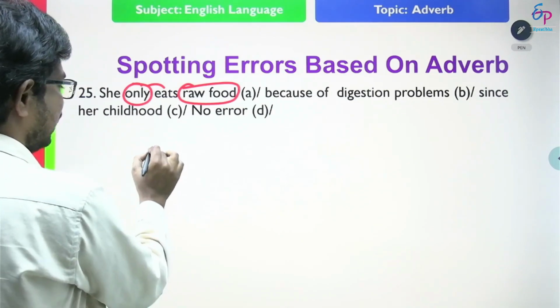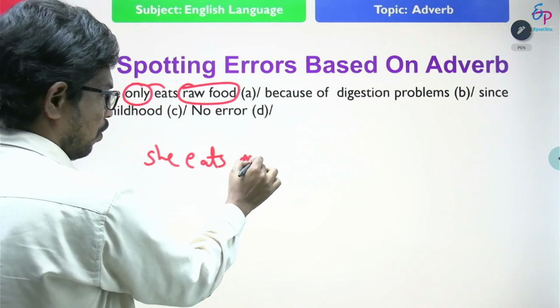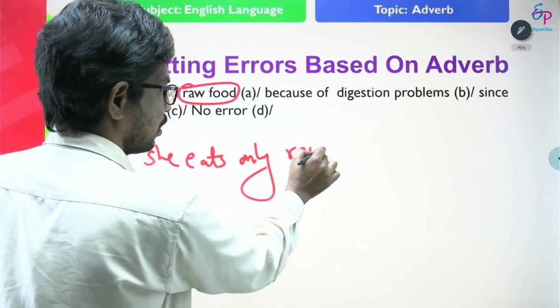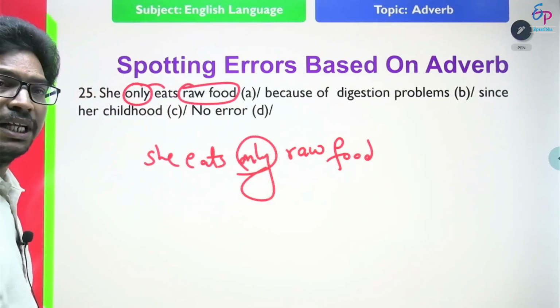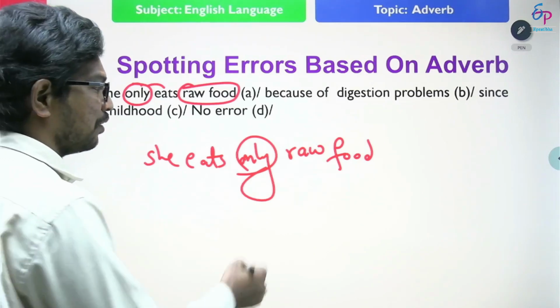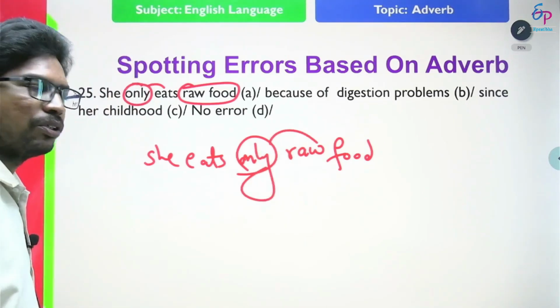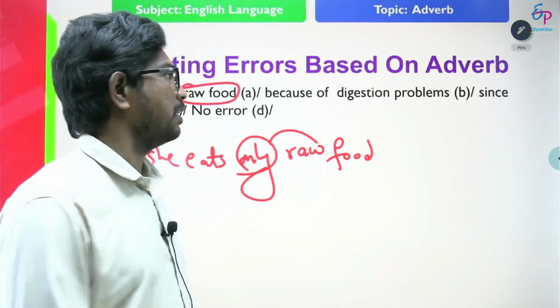So she eats only raw food. The adverb should be placed according to the words or phrases it modifies. It is modifying raw food, not eat. So she eats only raw food because of digestion problems. Error is at A.